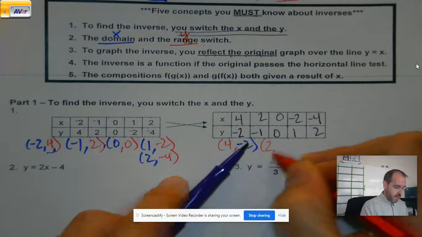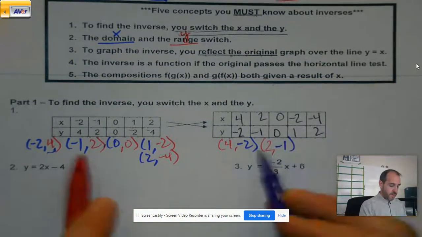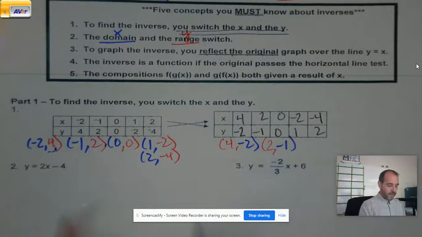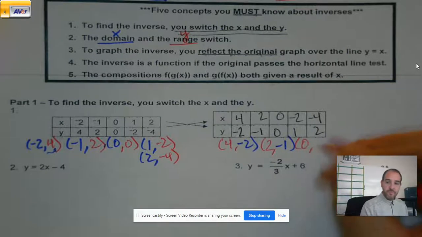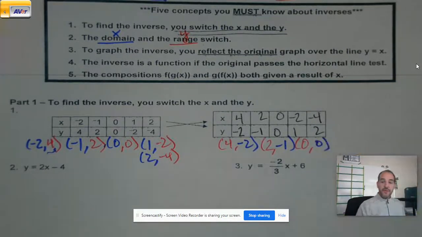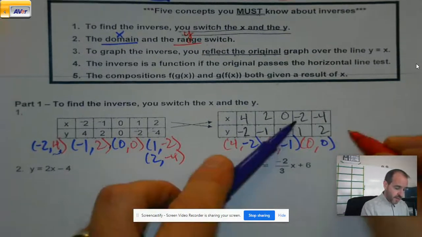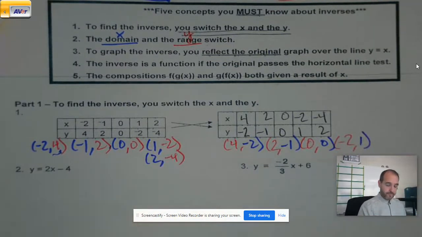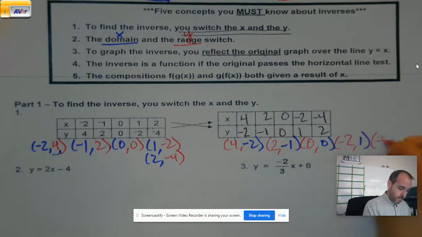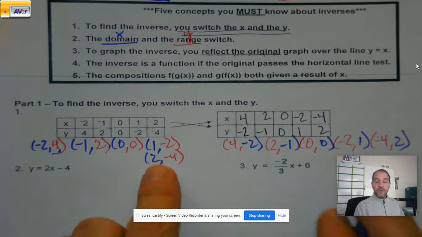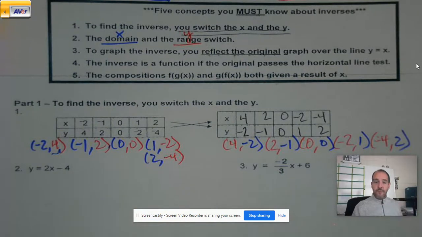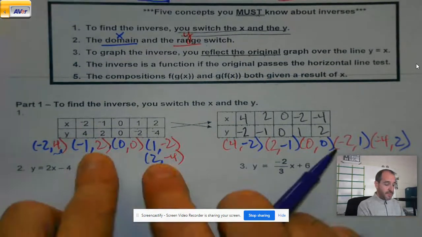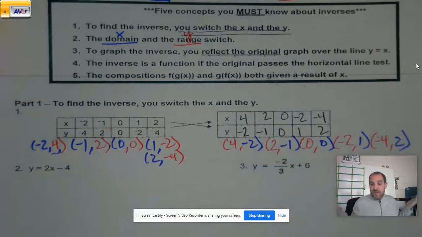And the points are just flipped, literally. I mean, 0, 0 can't really change. It's 0, 0. But other than that, we're just taking all of these. So it's just inverting them, flipping the x and y values around. So if they're points or a table, that's all you do to find the inverse.